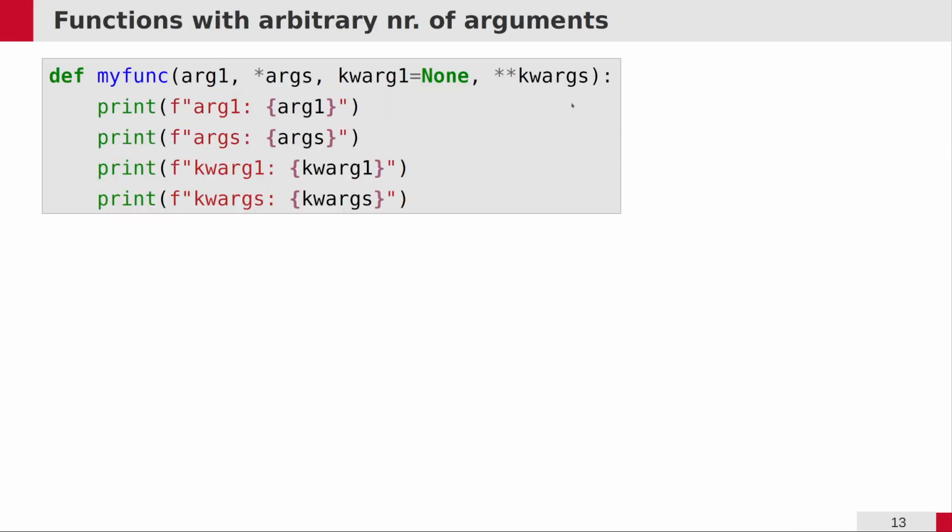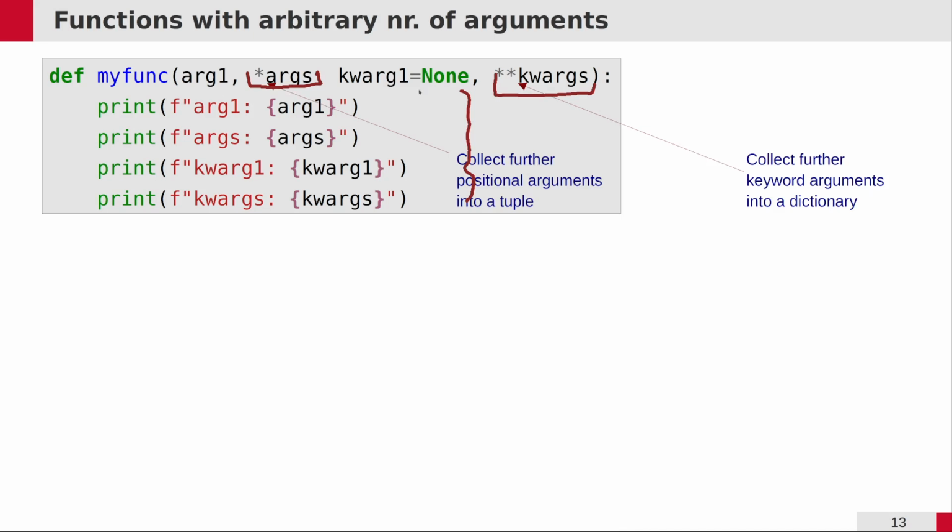Okay, and the last advanced feature I want to tell you about function definitions or argument definitions is that you can also define functions which have an arbitrary number of arguments, either an arbitrary number of position arguments or an arbitrary number of keyword arguments. So try out this function in your Python environment, type that in, and then you will see. What is the star here for?